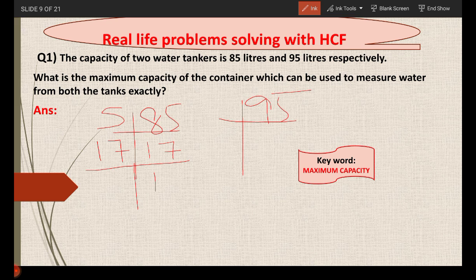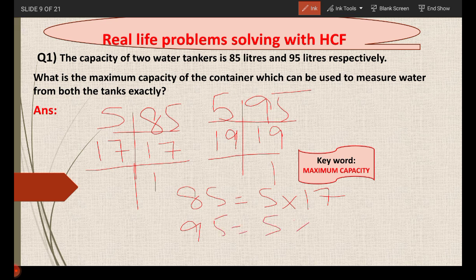Again here I divide with the table of 5. 5 ones are 5 and 5 nines are 45. 19 is a prime number, so 19 ones are 19. Now you have to write the factors of 85, that is 5 multiplied by 17, and the factors of 95, that is 5 multiplied by 19. So what is the common factor? 5. So here the answer is 5.